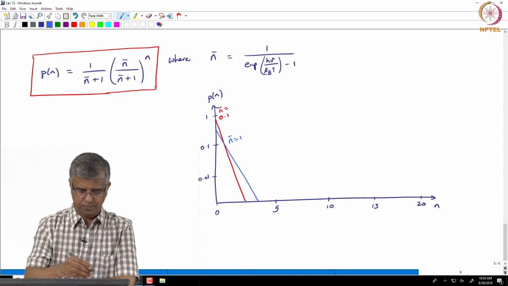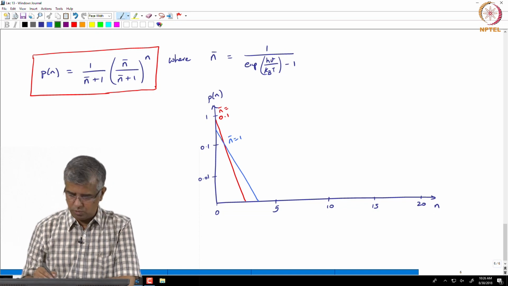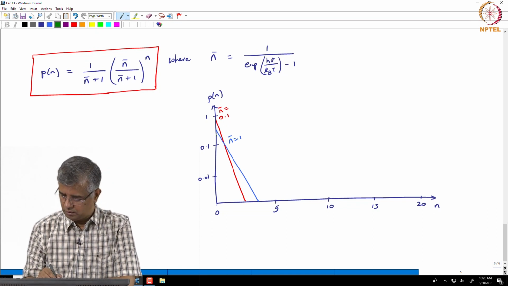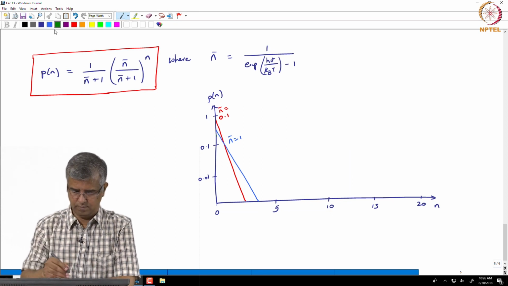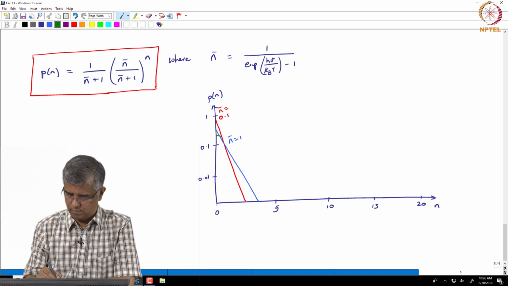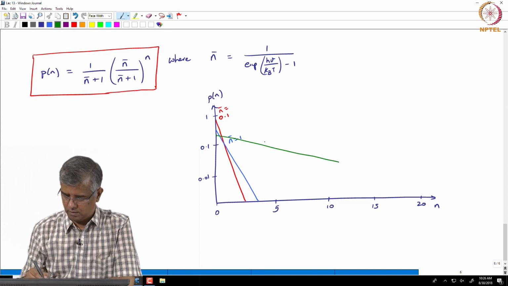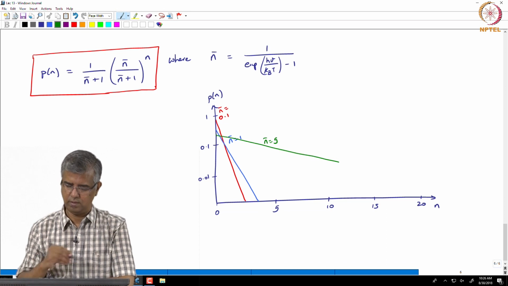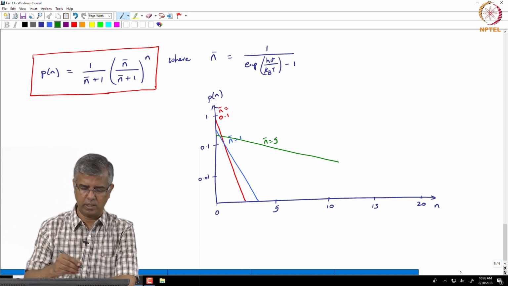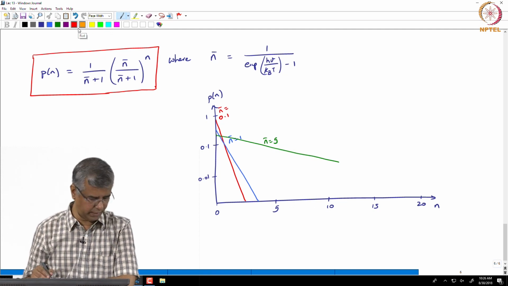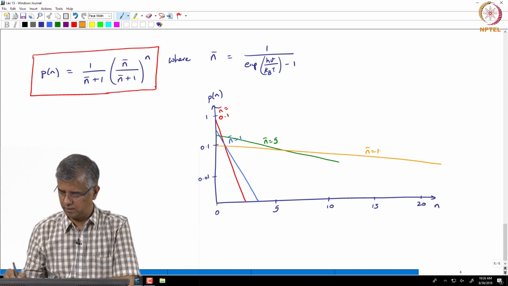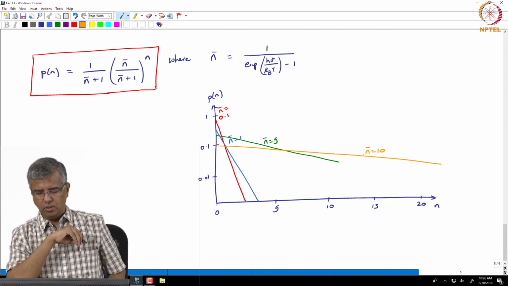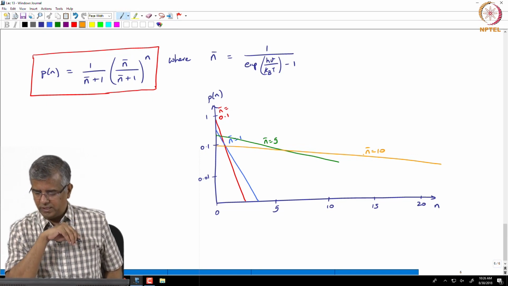And then for n bar equal to 5, and so on. If we go to n bar equal to 10, maybe something like this, and so on. So what do we see here?